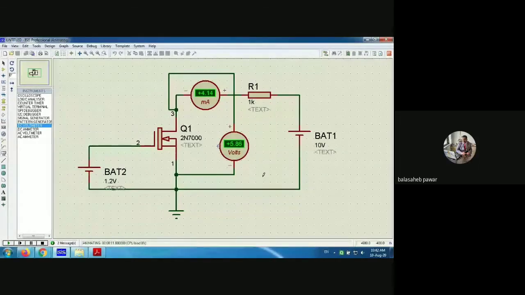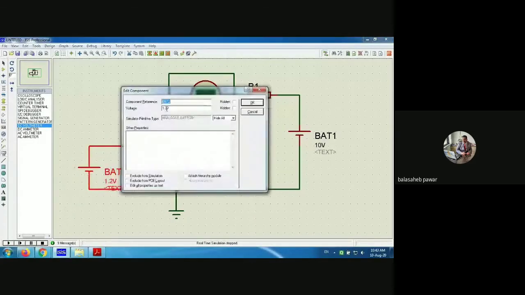Everyone, just note those values, because we have to plot the graph also. So at 1.2, the current goes to 4.14 milliamperes, and the voltage drop across the transistor comes down to 5.86 volts only.